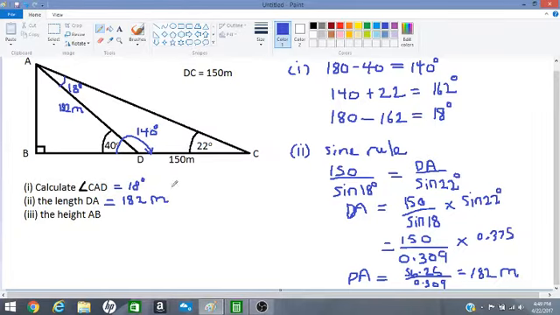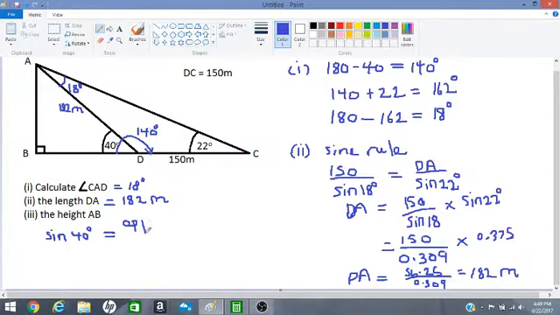Now they're asking us to find the height AB. So let's go ahead and look at this triangle. We are focusing on this triangle now in red. This is a triangle we want to emphasize. We have an angle of 40 degrees, and we also have the length of the side, 182. Remember, the sine ratio: sine of 40 degrees is equal to the opposite over the hypotenuse.